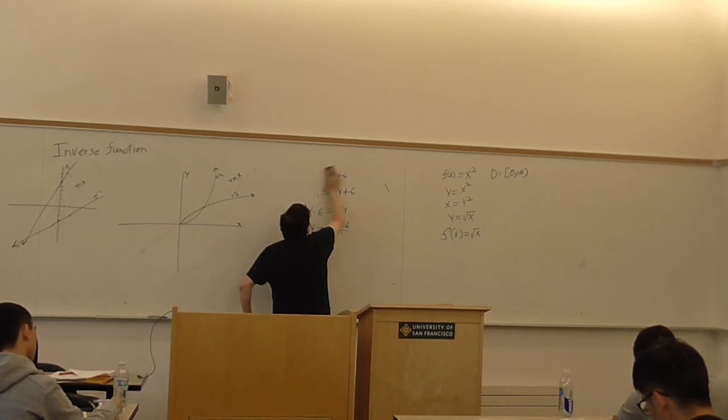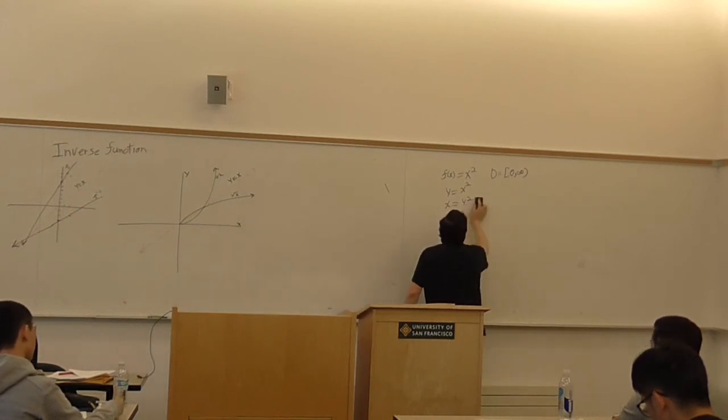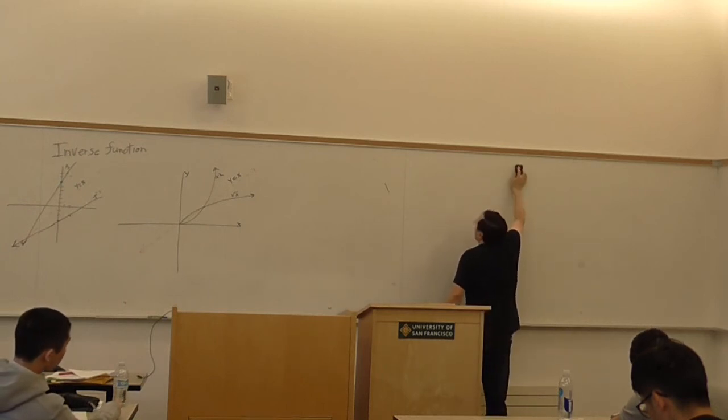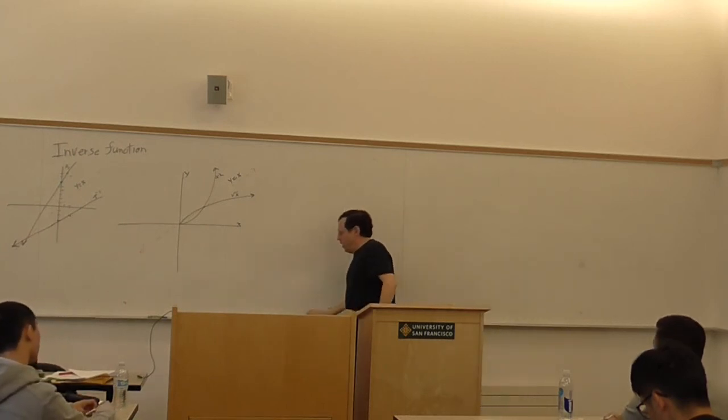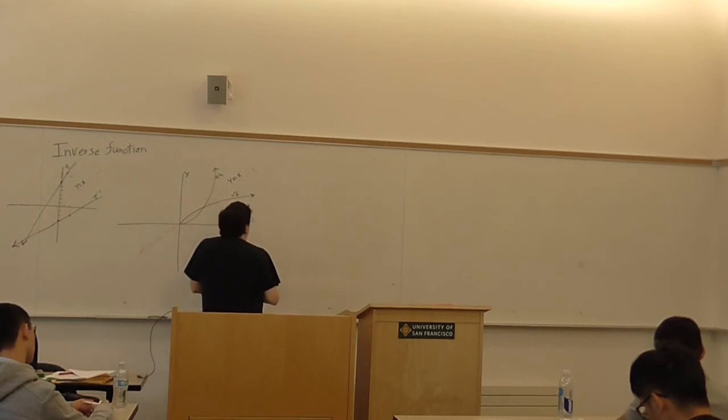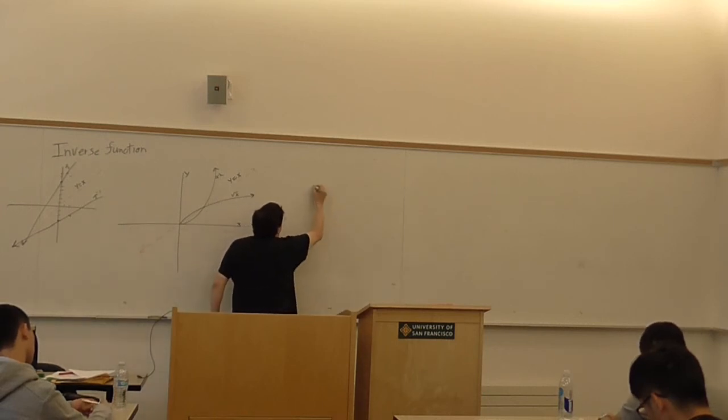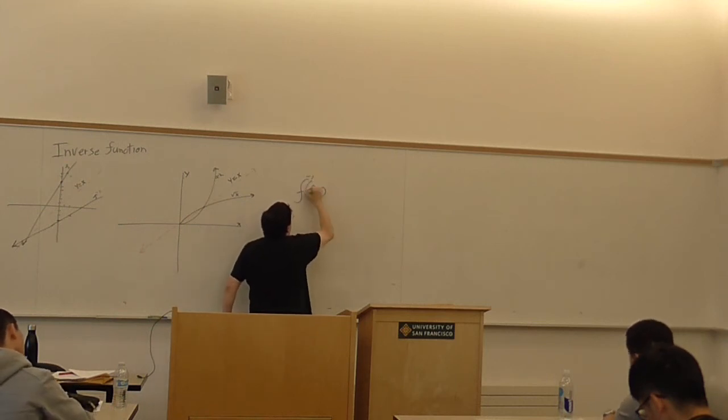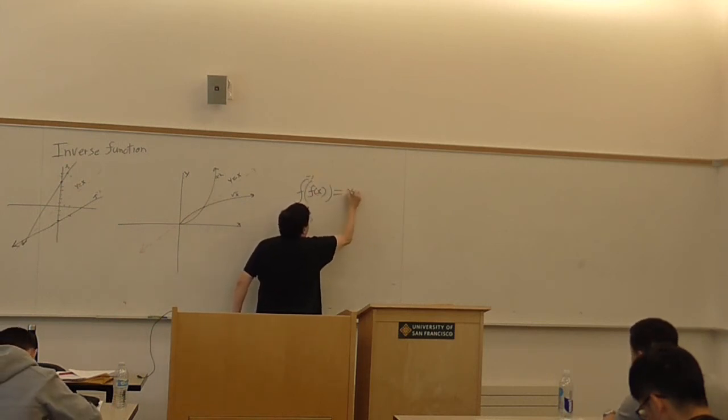There's one more important feature of inverse functions that you should know about. Well, we know that if you take f of x and then you apply the inverse to that, you're just going to get back x.